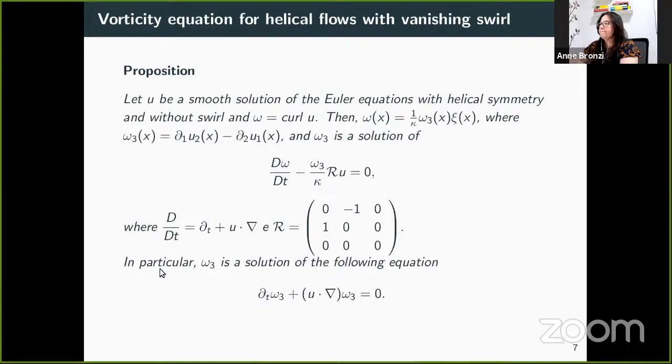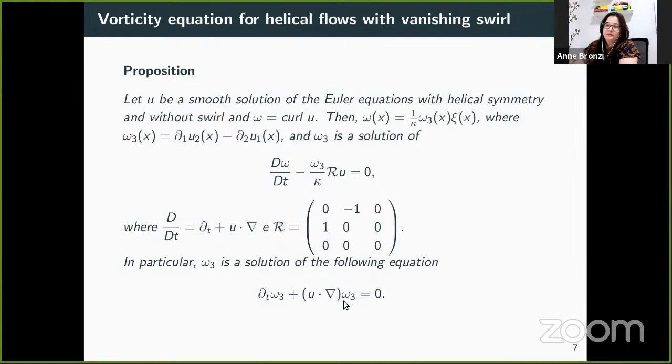In particular, because the last line and the last column of this matrix are 0, the third equation of the system, for the third component of the vorticity, is just pure transport.